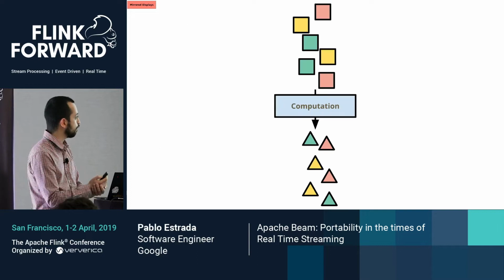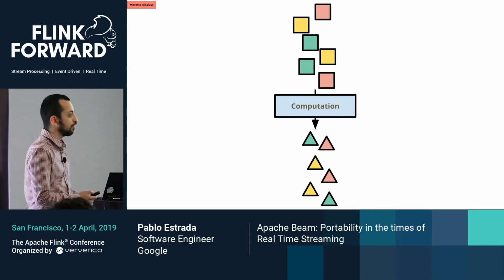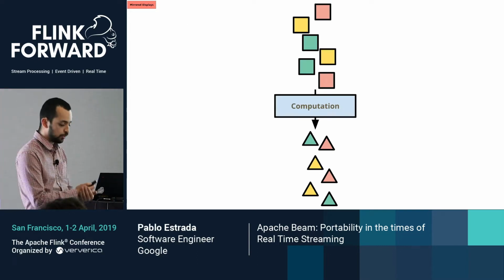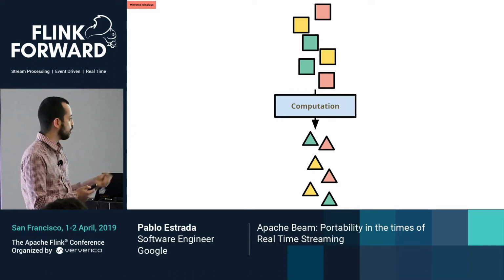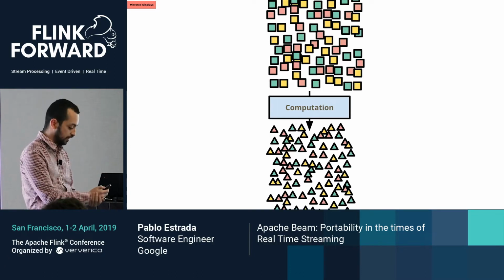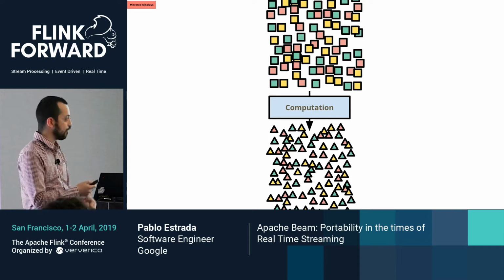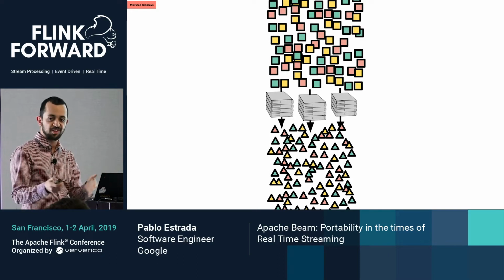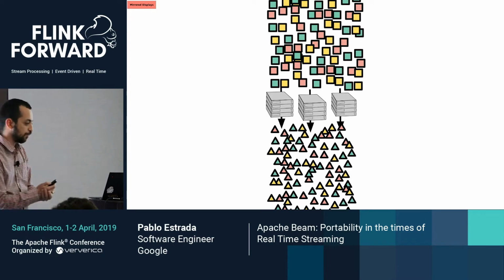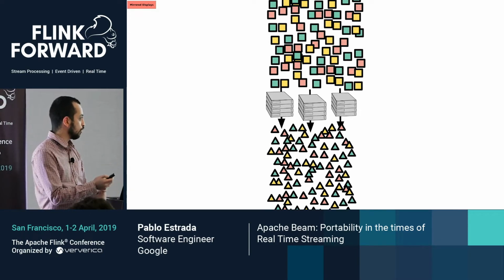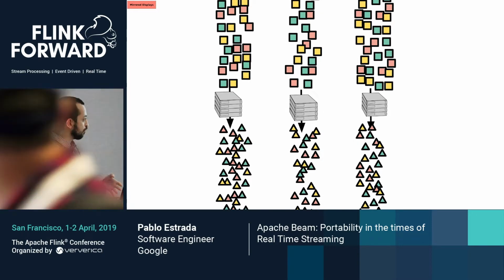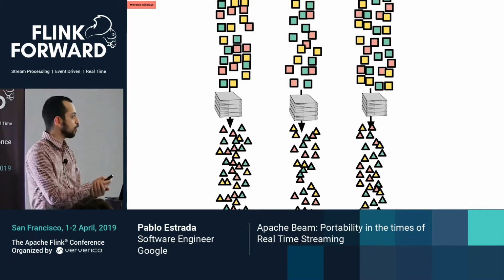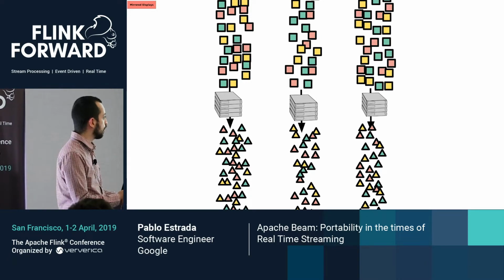So anyway, if you're at this conference, you at some point realized that you had some stream or some set of data, and you wanted to apply some computation, and you probably had a good amount, so that you wanted to apply the computation on multiple machines, right? You probably looked at some sort of distributed framework, distributed runner.